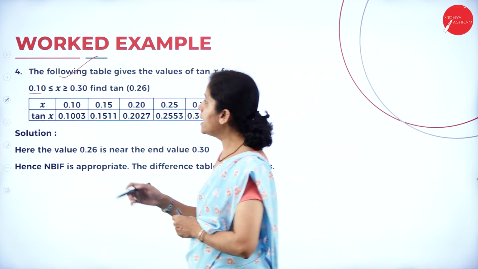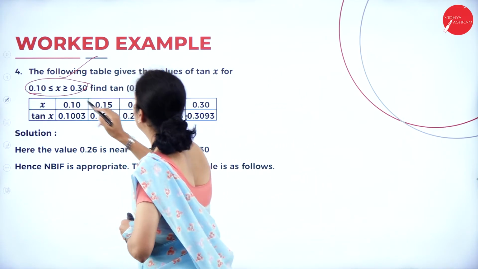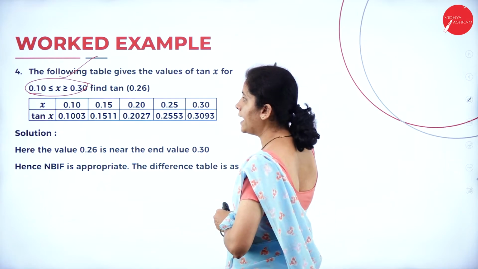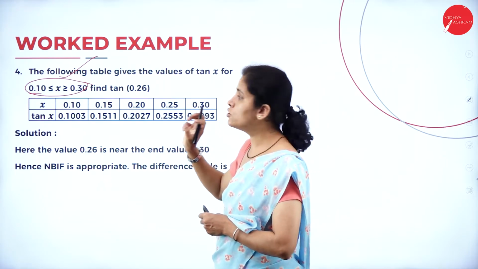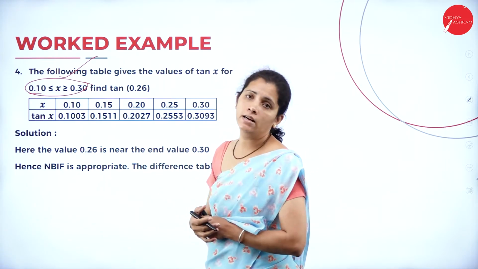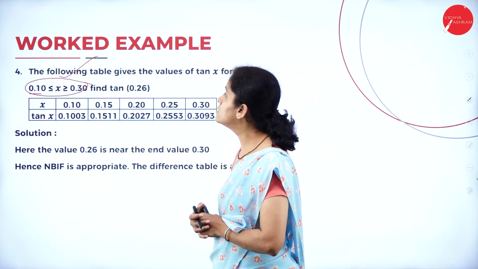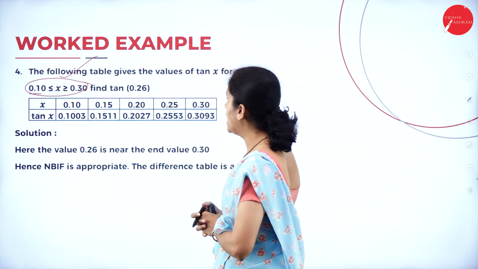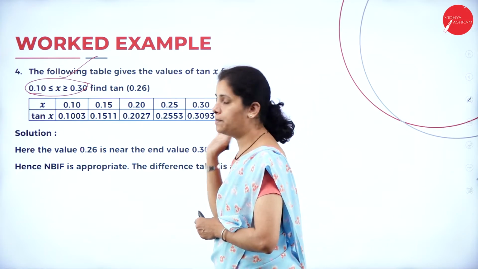Okay, so here they have specified the value, and x must be less than 0.10, and x must be greater than 0.30, and I have the table.